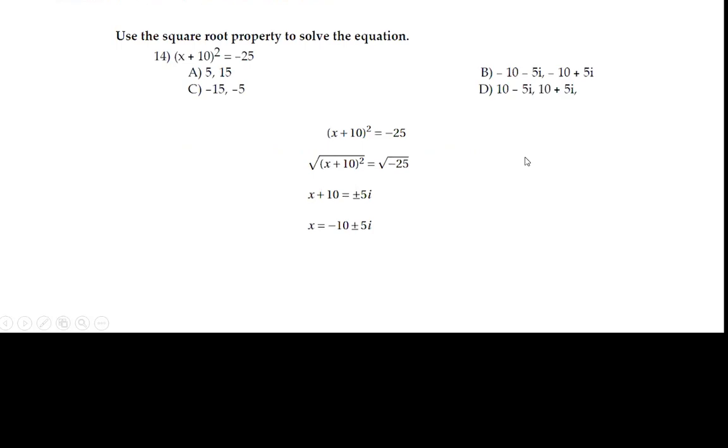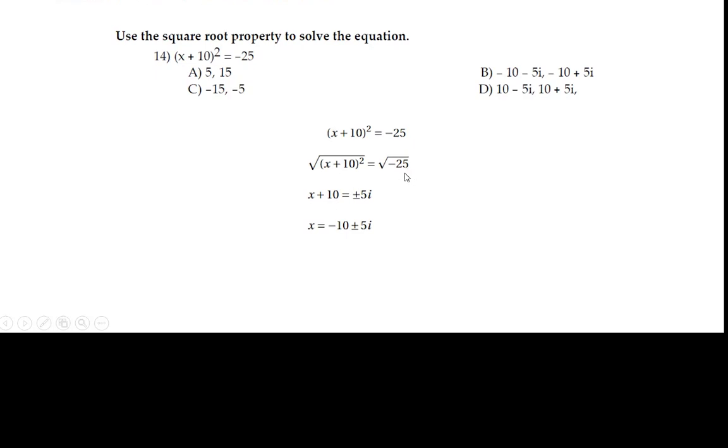Number 14, use the square root property to solve the equation. We have (x plus 10) squared equals -25. Square root property says once we have a square by itself, square root both sides. We do have a square by itself, so we square root both sides. The square root of the square of x plus 10 is just x plus 10.